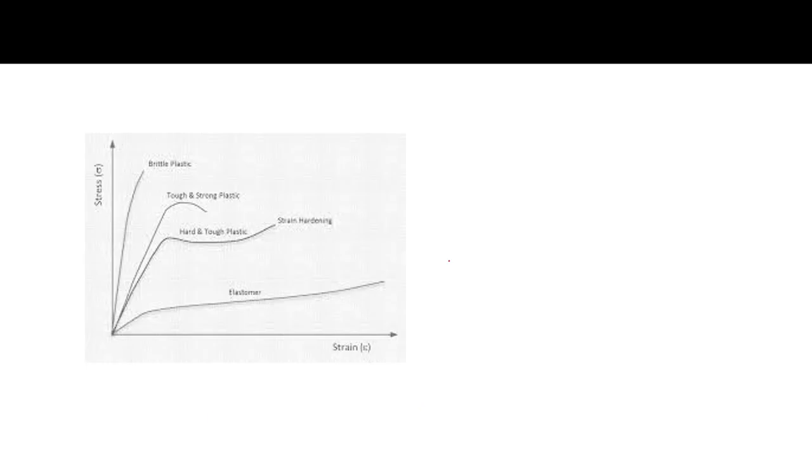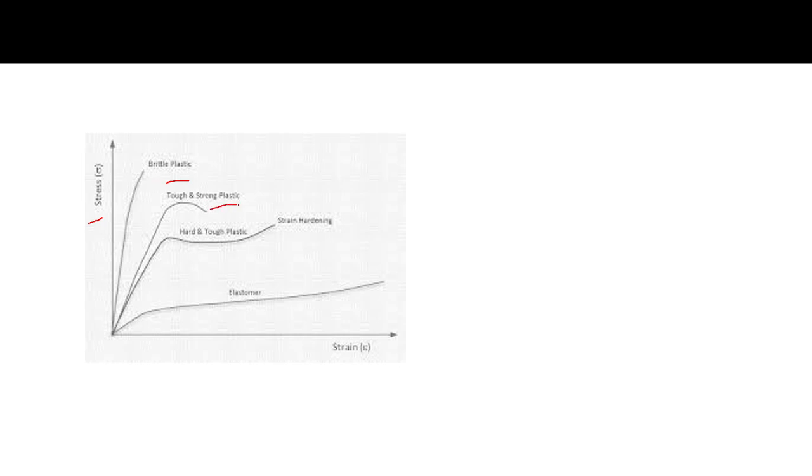The next one, I have given some examples of stress-strain behavior. These are important. For the brittle plastic, we need to apply a much larger amount of stress to change the shape of this plastic.